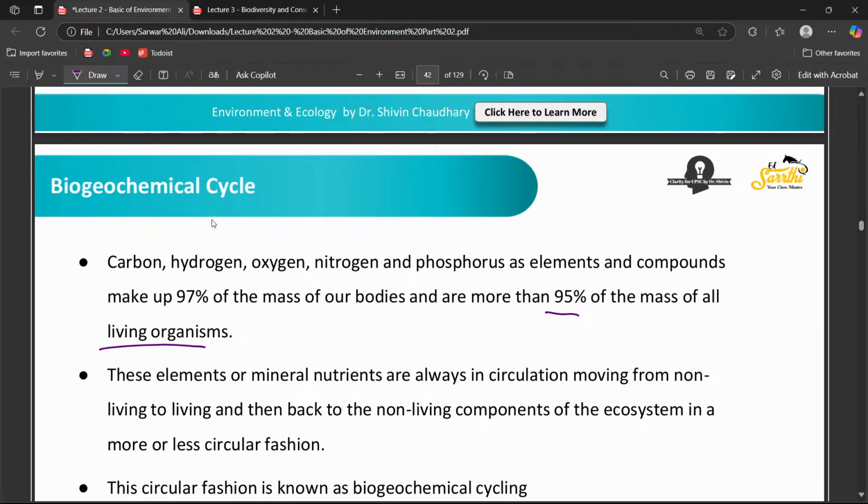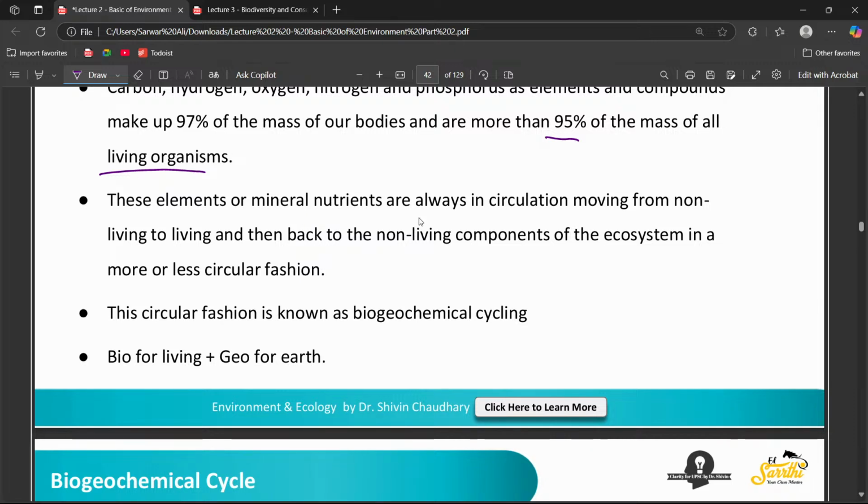CHONP, you can remember it as CHONP. You can write it as CHN also, or you can remember it as CHOP, whatever you want. So 95% of the mass of all living organisms is made up of CHONP.